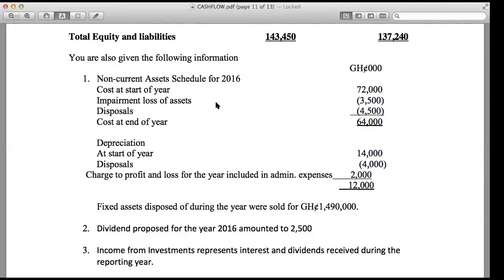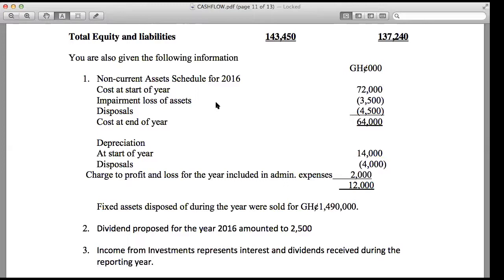Then we move on to depreciation. Depreciation at the start of the year. This is the workings for the remainder: cost from cost, accumulated from accumulated depreciation. So depreciation at the start of the year is 14,000. And then disposal, the accumulated depreciation of the disposed asset is 4,000.